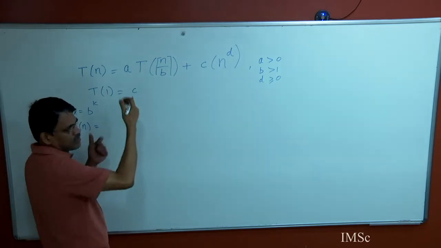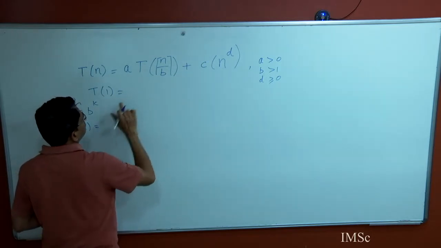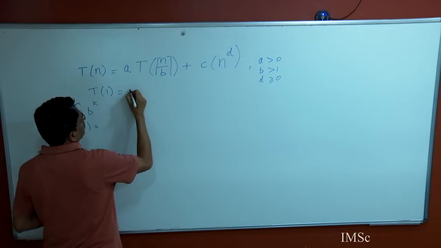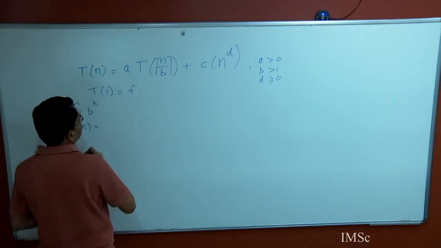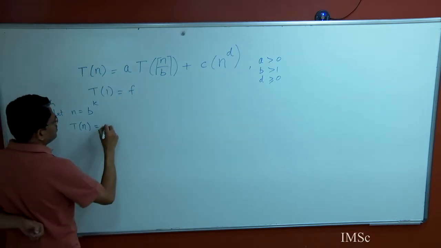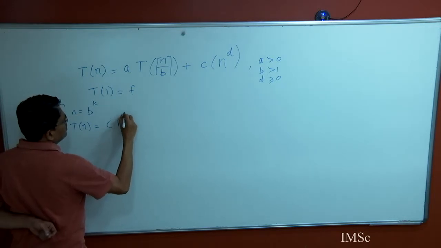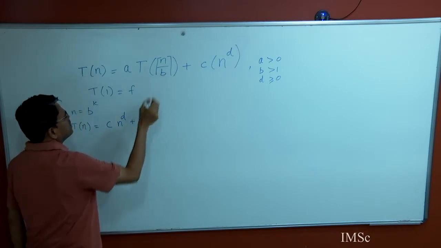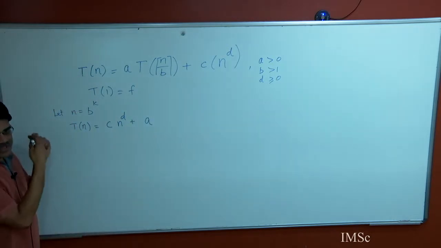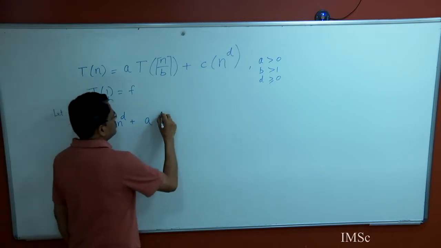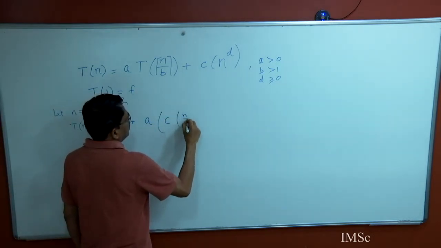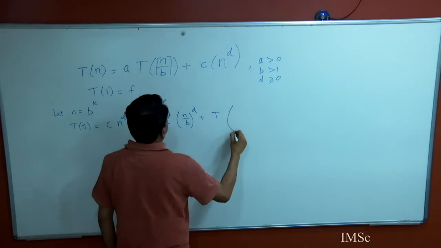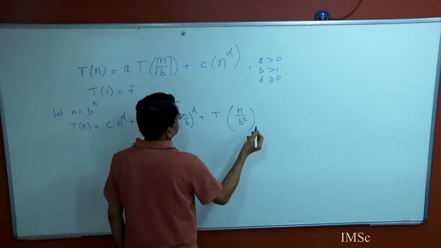You can pick the bigger of these and call it C, but this is not going to play a big role for me, so I'm going to say some f. Okay, so T of n is C times n power d plus A times T of n over b. We apply the same recurrence relation.